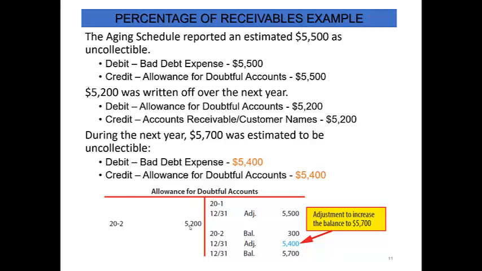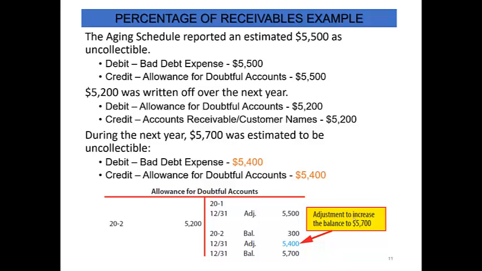So when we write off an entry, remember we debit allowance for doubtful accounts and credit accounts receivable. Okay, that gave us a debit in allowance for doubtful accounts with a resulting balance in this account of a credit of $300.